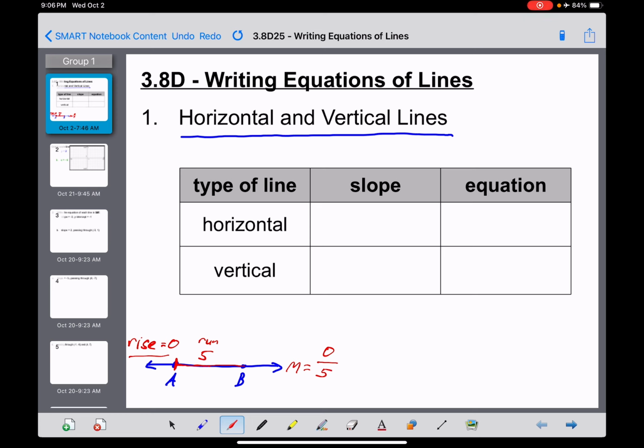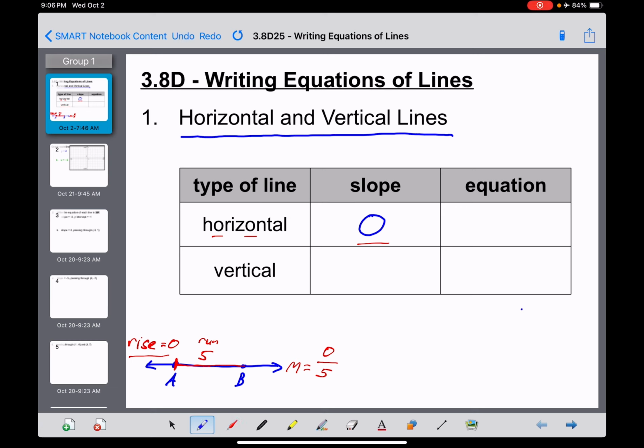Anytime you take 0 divided by a number, you are always going to get 0 for your result. So every horizontal line has a slope of 0. My silly little mnemonic is to remember that 0 looks like the letter O, and the word horizontal has two O's in it, unlike the word vertical, which has none. So that's something we talked about in 3.8a.